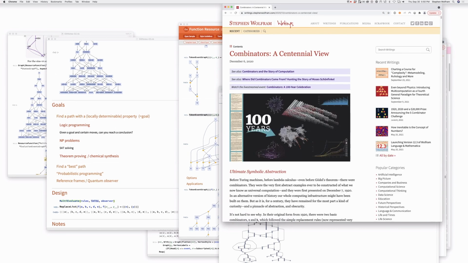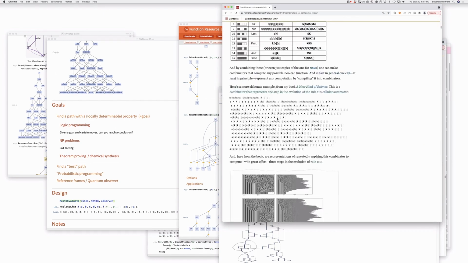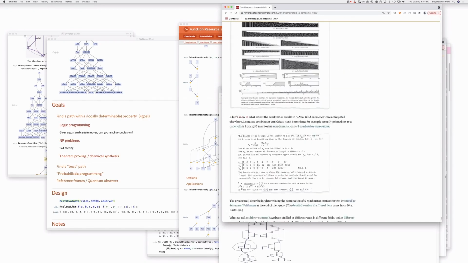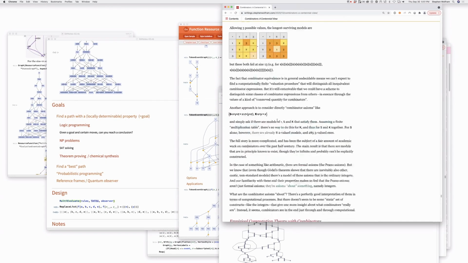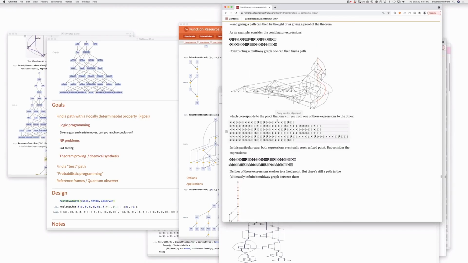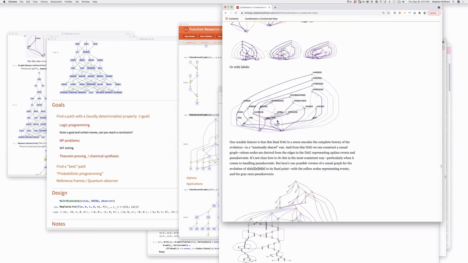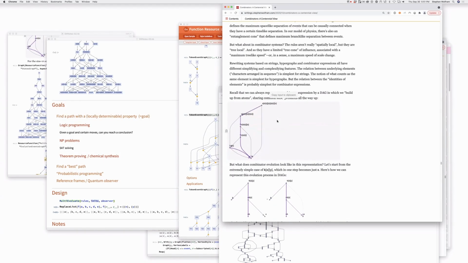Okay, so in combinators, a very pure version of this, what we have are these weird tree update events. These are these weird pullback events.